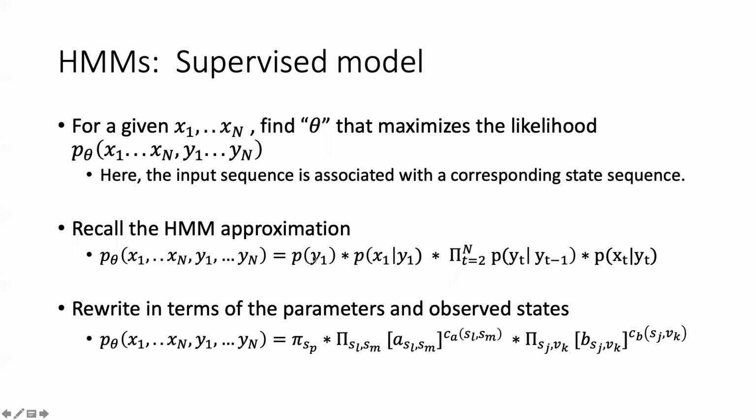We can rewrite this expression in terms of model parameters. If we rewrite this expression, these are the initial probabilities, and p of y_t given y_t minus 1 is the transition probabilities, which are represented by A's. A_{s_l,s_m} indicates the state transition from s_l to s_m, and C_A(s_l,s_m) indicates the number of transitions from state s_l to s_m, and B_j's are the emission probabilities, and C_B indicates the number of emissions of the word v_k from the state s_j.